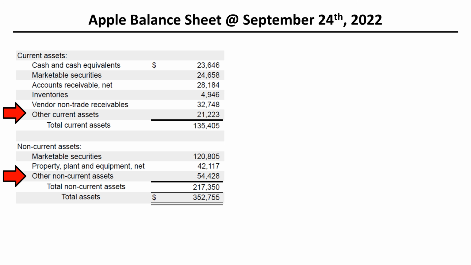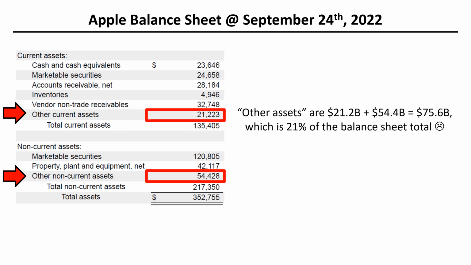After the euphoria of coming up with that major insight, let's see what else we find in the assets section of the balance sheet. Other current assets of $21.2 billion, with a related $54.4 billion in other non-current assets. If we sum those two numbers, we get to $75.6 billion in other assets, 21% of the balance sheet total. Sadly, these other assets are not itemized very well.